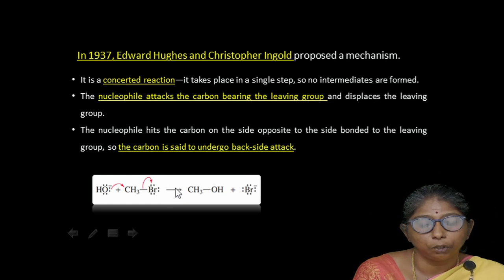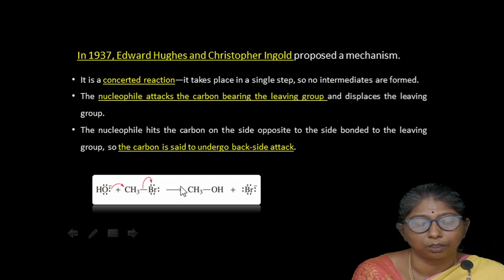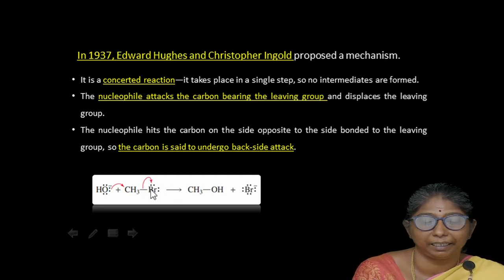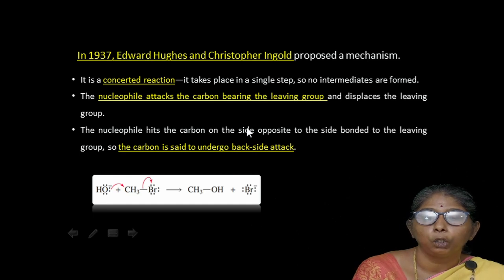Here the leaving group is bromide ion, and it leaves from one side, and the OH group is attacking the carbon from the back side. So the main thing is that the reaction takes place by backside attack. This is the mechanism proposed by Hughes and Ingold.